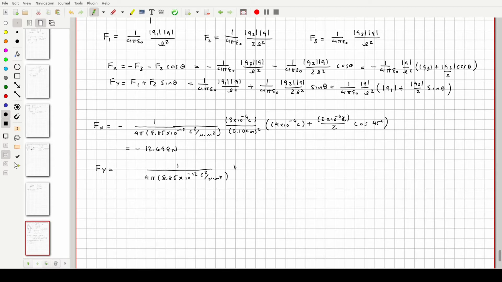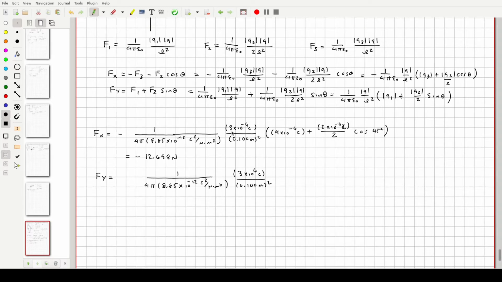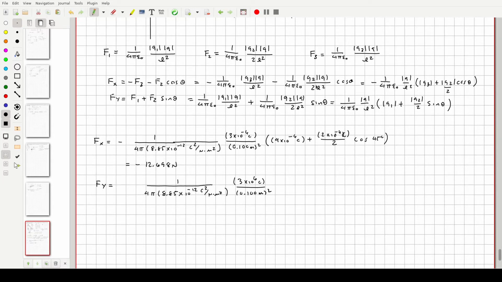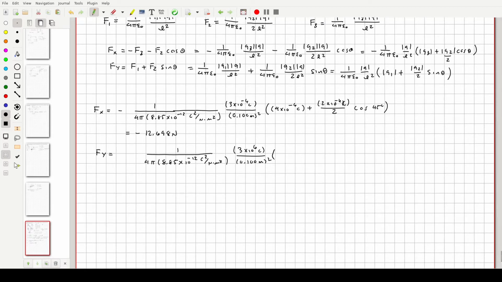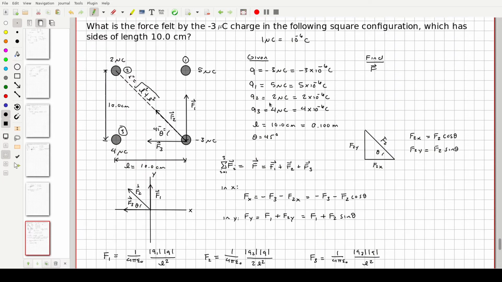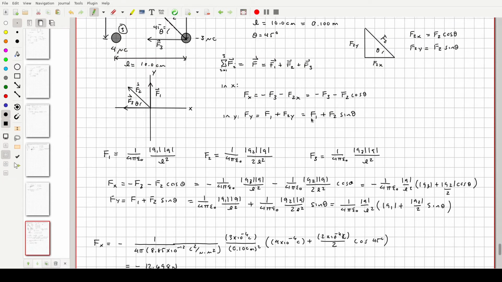So there's that. 3 times 10 to the minus 6 coulombs again over 0.100 meters squared again. So that's the same stuff that sits out in the front here. It's just got a different sign. And now it's Q1. Q1 is 5 times 10 to the minus 6 coulombs.